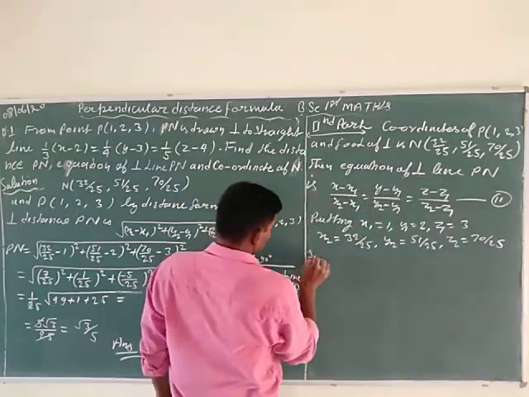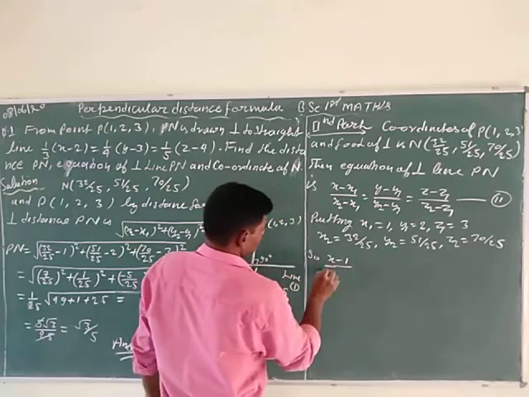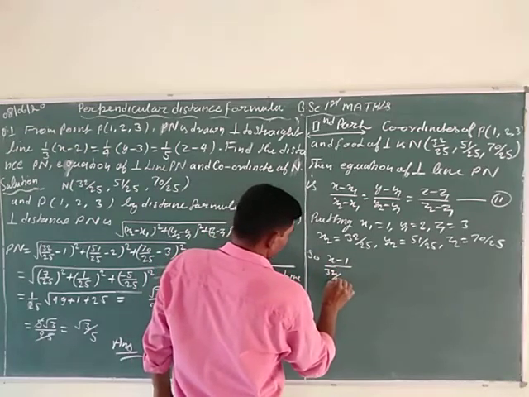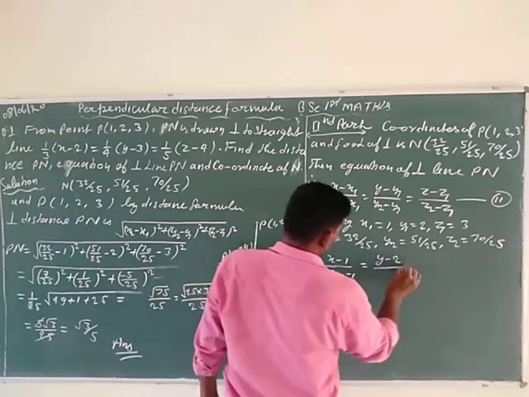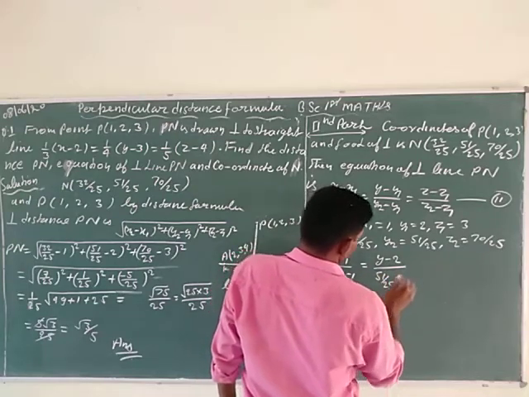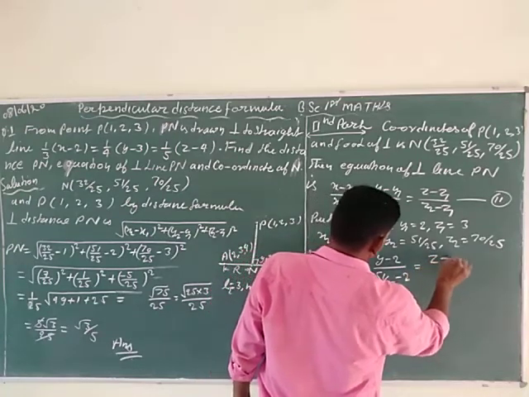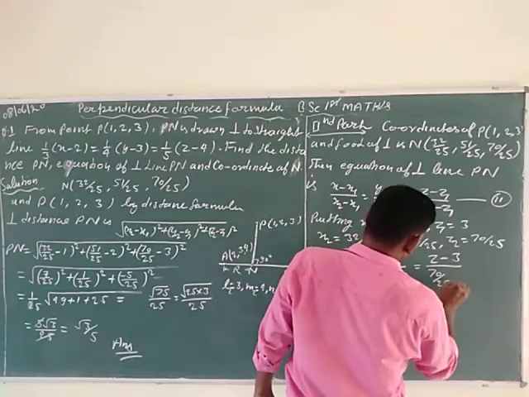So (x minus 1)/(32/25 minus 1) is equal to (y minus 2)/(51/25 minus 2) is equal to (z minus 3)/(70/25 minus 3).